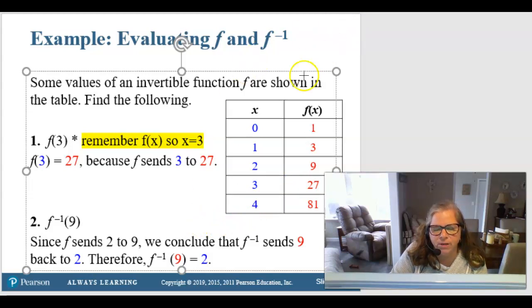Now, if we look for the inverse function, we're making the outputs of the original the inputs of the new inverse function. So we are looking at the input being 9, and that maps to the output of 2.